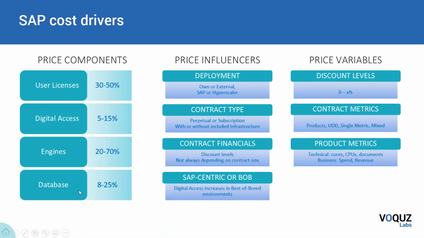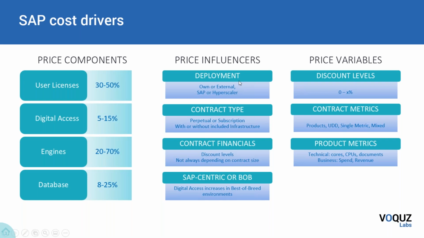You have runtime databases, HANA databases, and other types of databases, whether Oracle, IBM DB2, Sybase, etc. So many different types of databases, and the pricing metrics around those databases vary. We have some information around the database elements as well, and that makes up between 8 and 25%. And that's the price components.